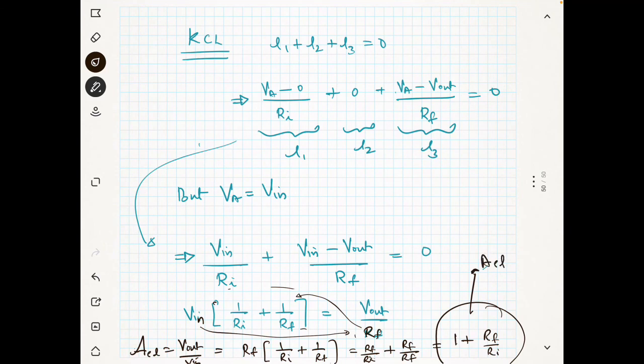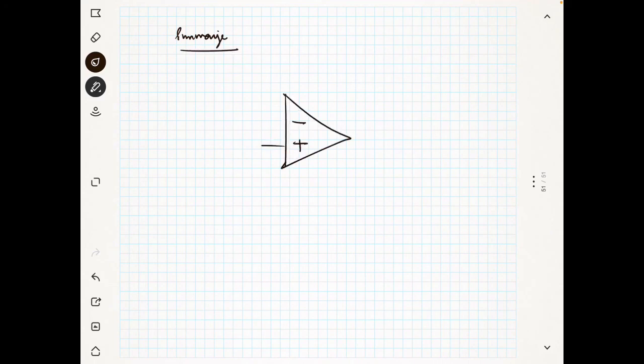So you see here, with a simple circuit solving technique, we have got the same expression. We will be using this kind of method throughout the lecture. I hope this is clear to you. So what is the procedure? I will summarize. Here we have minus and plus, this is V in, this is Ri and this is Rf.